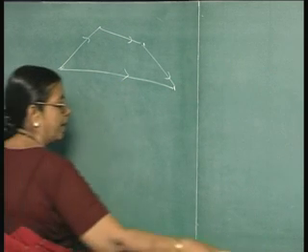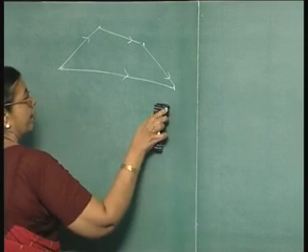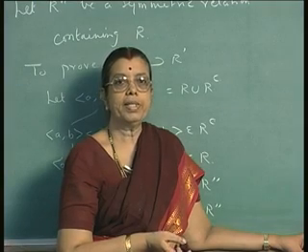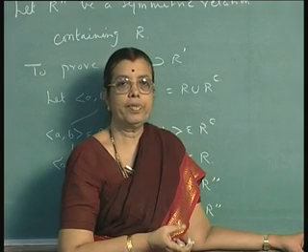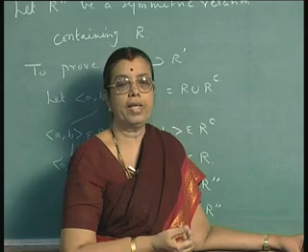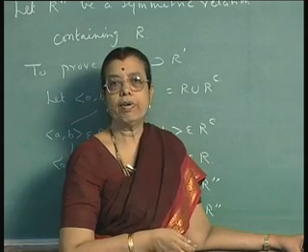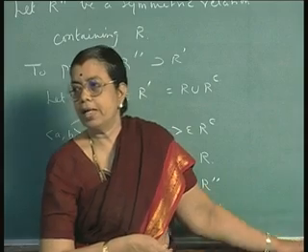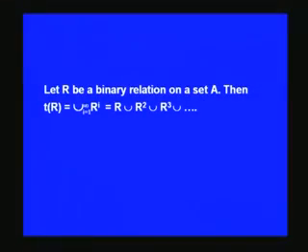This is the idea of a transitive closure, and we have already seen that in a communication network, if direct connection is denoted by an arc, then the transitive closure represents all the pairs of nodes from which the first node can send a communication to the second node. This transitive closure has lot of practical applications. Now, the transitive closure is given by this.